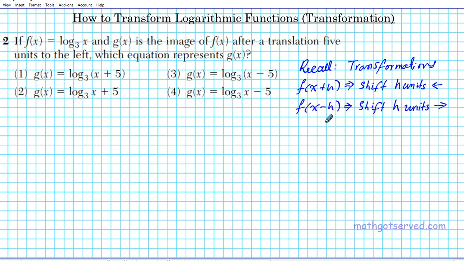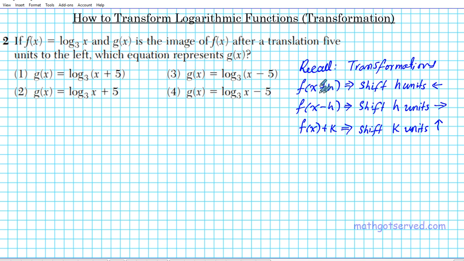It's counterintuitive, right? But when you add a value to the function, f of x plus k, this one is intuitive. When you add a number or constant to a function, that's a shift in the y direction. F of x plus k is a shift k units upwards.